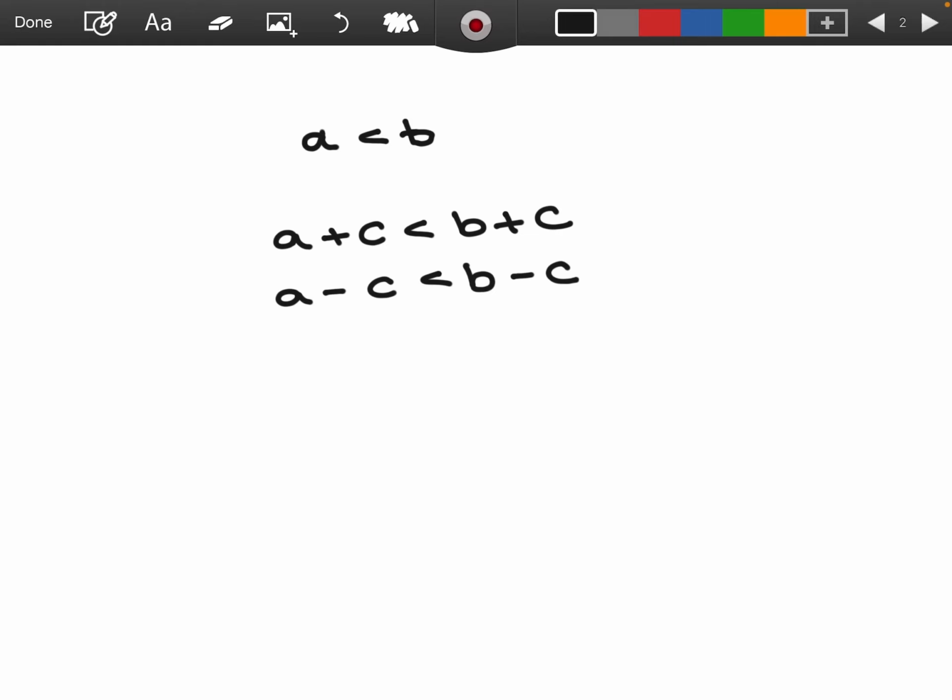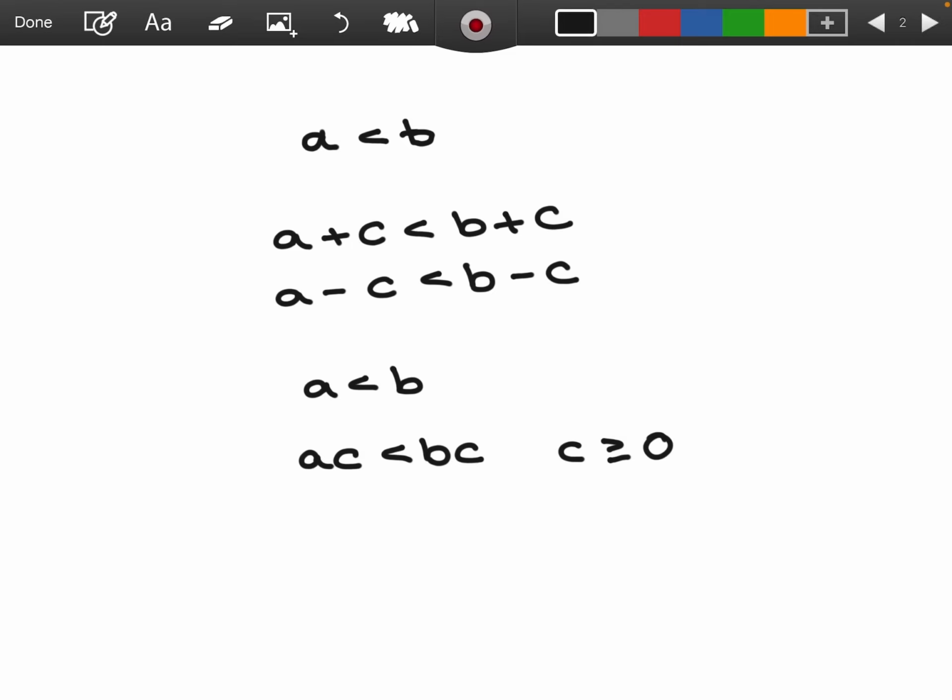The thing that we have to be aware of is when you have some multiplication. So if you multiply by a number on both sides, again we'll start with A is less than B. If I multiply by a value C, again we're going to do it on both sides. If C is positive, so C is greater than or equal to 0, then this is true.